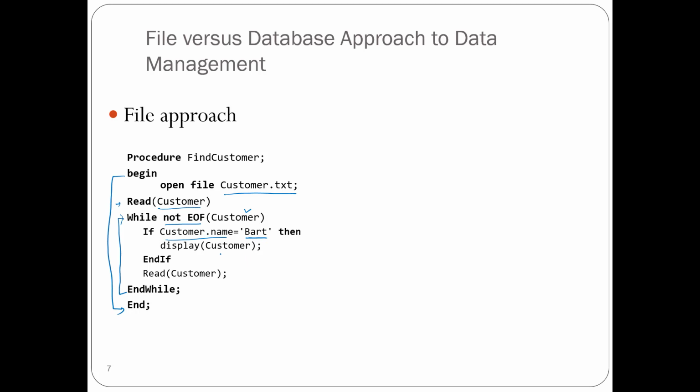If that is the case, then we will display it. Otherwise, it's the end of the if statement, and you will read the next customer. So you're reading one customer at a time from this file, and it's your responsibility to compare the name field of each customer record with Bart, and if you find it, you will report that as success.